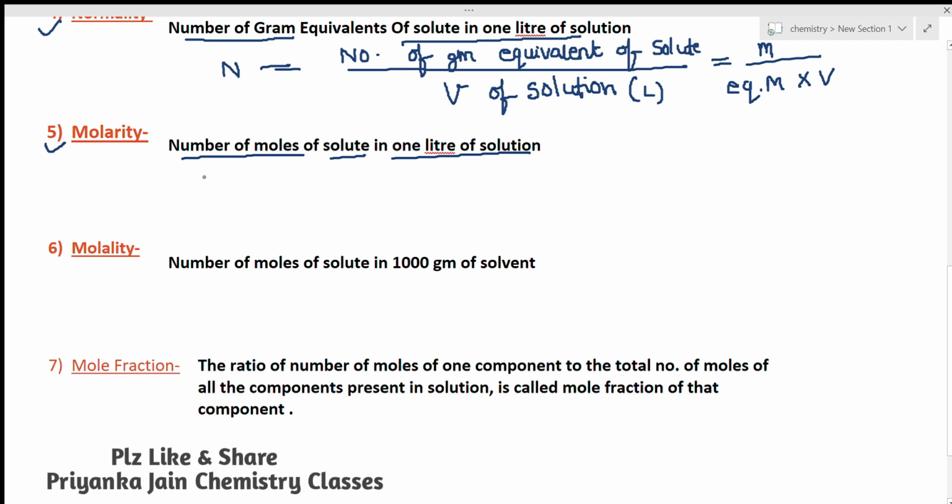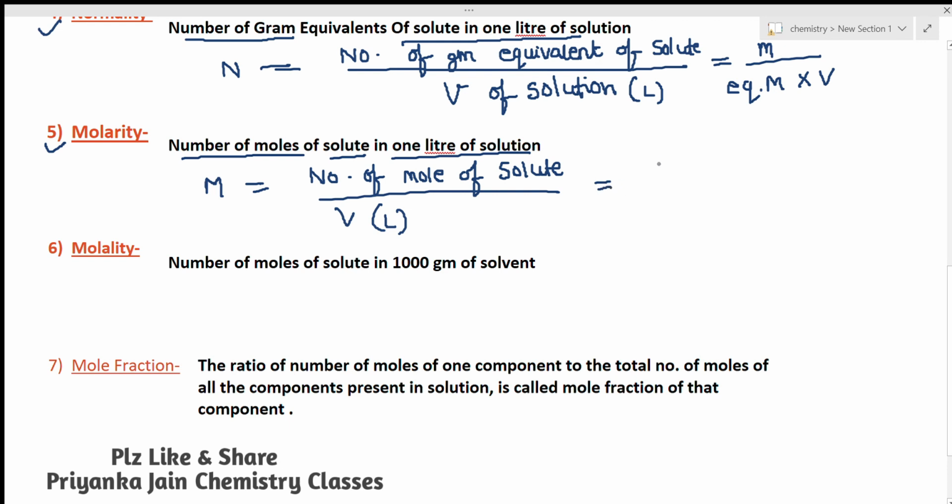So just keep in mind, it is shown by capital M, and this will be equal to the number of moles of solute divided by the volume, that should be in liter. If you don't know the number of moles, then you can take the weight in gram of solute and divide it by its molecular weight, and then multiply it with the volume, that is in liters, right?